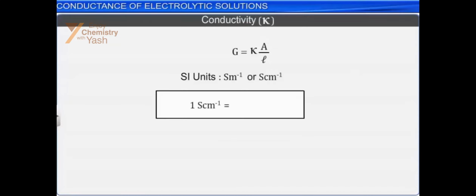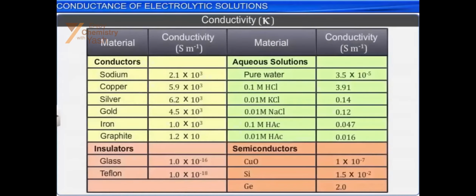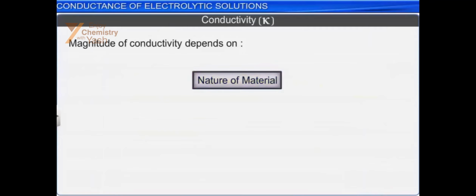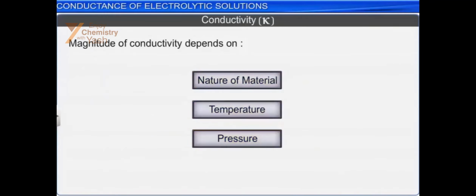The magnitude of conductivity varies greatly, as shown in the table. It depends primarily on the nature of the material, although temperature and pressure can also affect conductivity. Depending on the magnitude of their conductivity, materials are classified into conductors, insulators, and semiconductors.